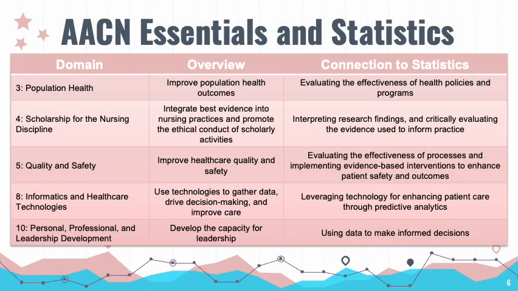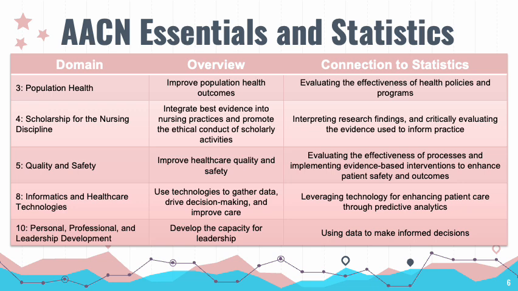Furthermore, the American Association of Colleges of Nursing Essentials for Nursing Education outlines the core competencies and expectations for academic preparation for professional nursing practice at both entry and advanced levels. The essentials include 10 domains, and each domain has specific but separate competencies and subcompetencies for entry-level and advanced-level nursing.